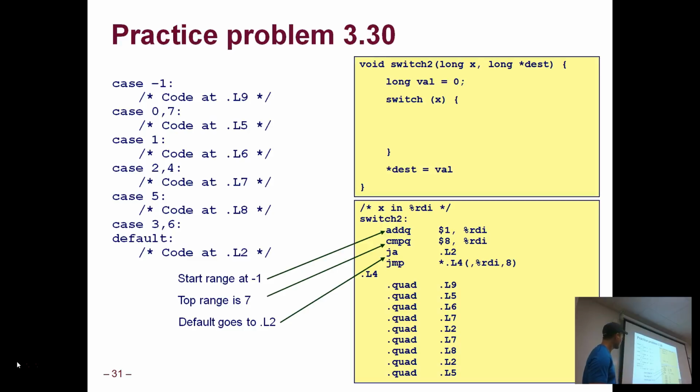And then you can start mapping the indices starting from -1. So -1 gets the code at L9. 0 gets L5, as well as down here, 7 gets L5. 1 gets L6. 2 and 4 get L7, etc. So you go all the way down.